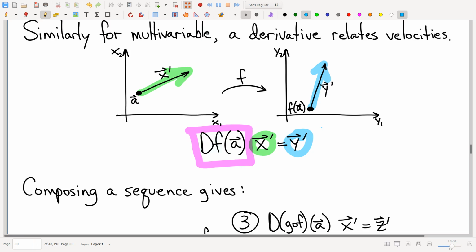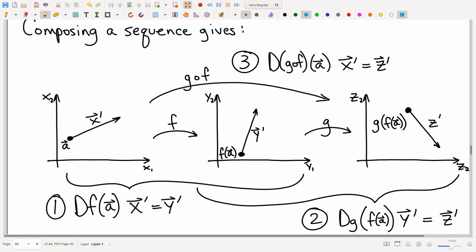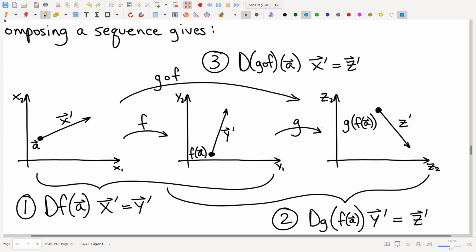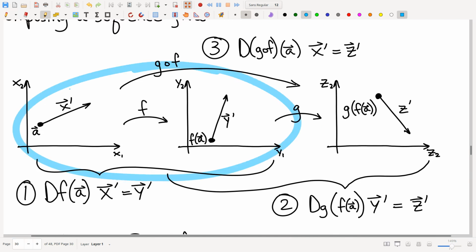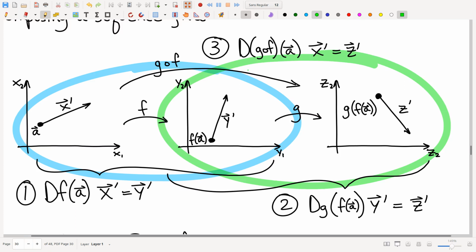Okay, totally analogous. Now with that in mind, again, here is a sequence of two functions. Notice that we have first here a function that takes in the x variables and gets out the y variables, followed by a second function that takes in those y variables and spits out the z variables.